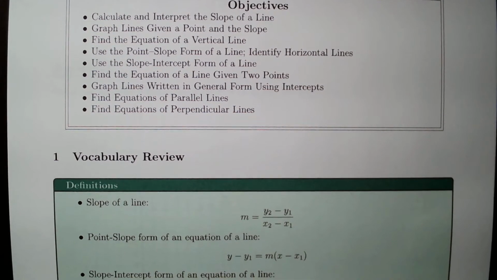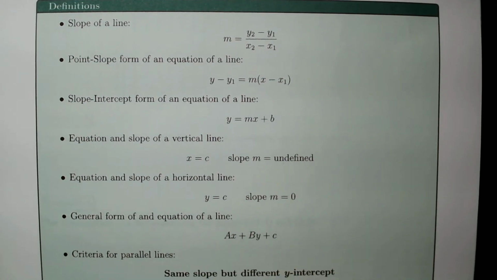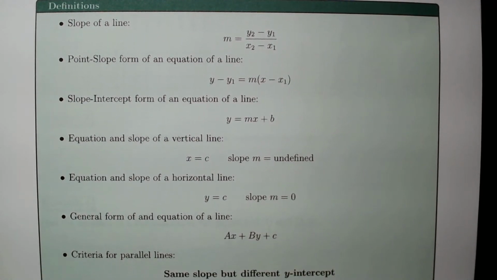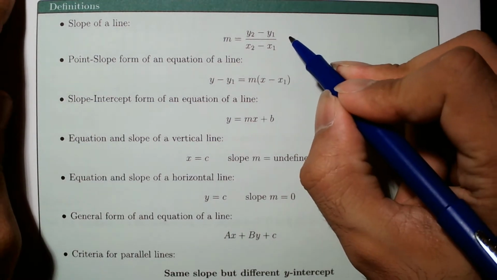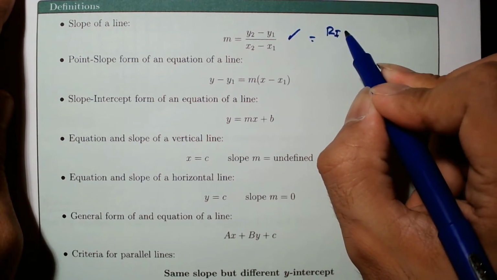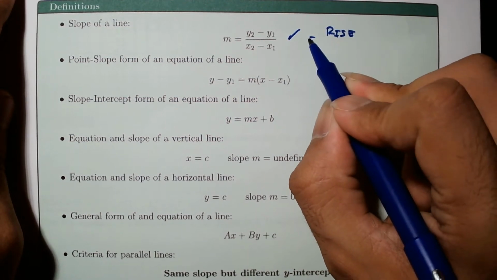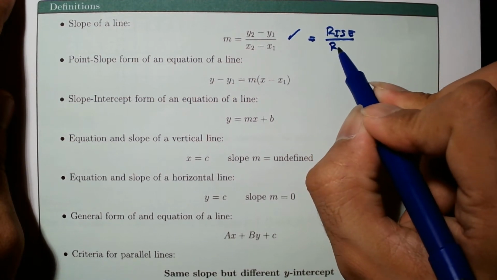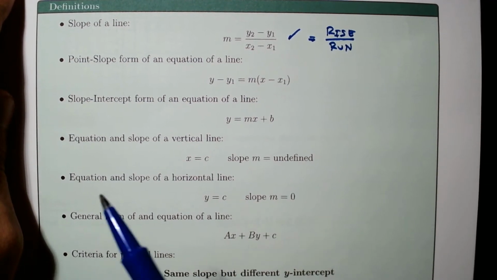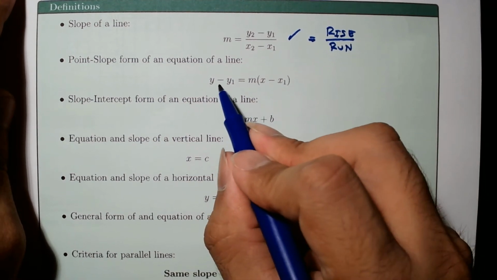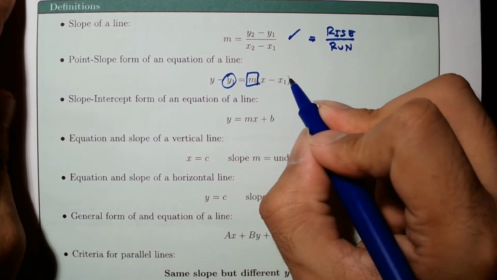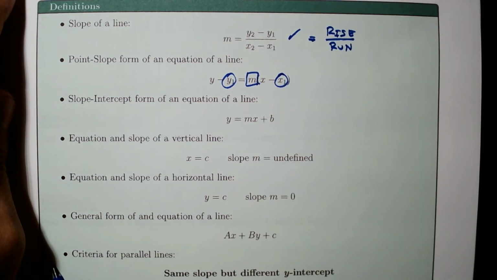First of all, this box right here summarizes pretty much everything about lines. The number one piece of information is the slope, which is the ratio of the rise to the run. The point slope form of an equation of a line, we use this form when we know the value of the slope and a point.